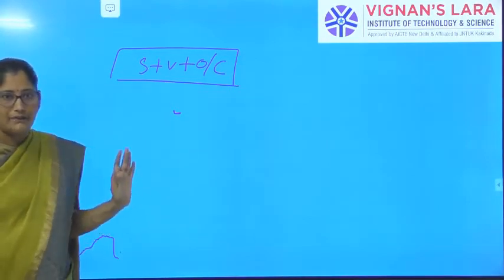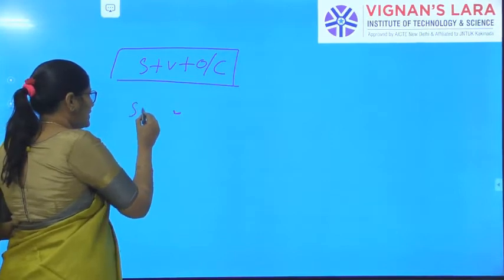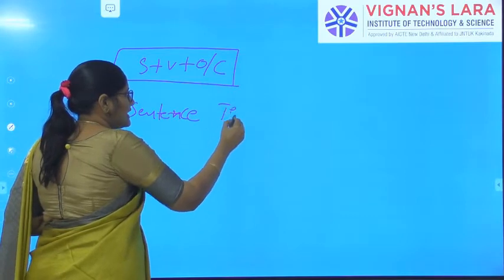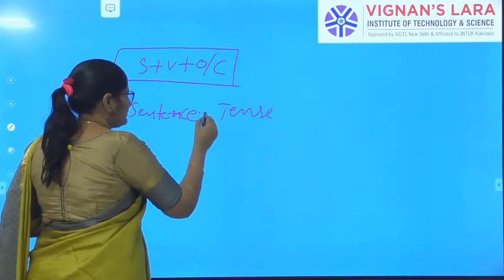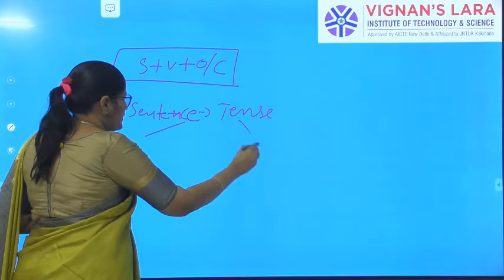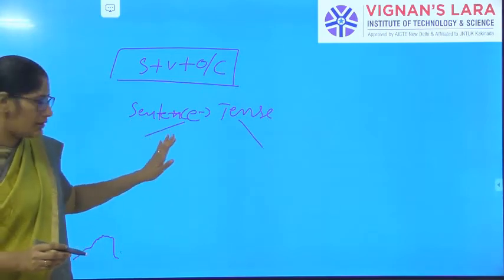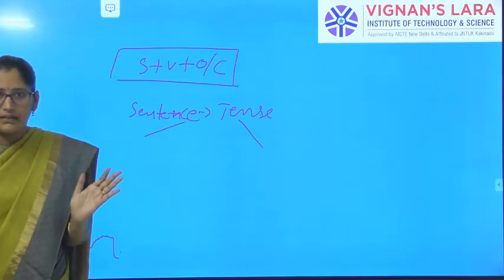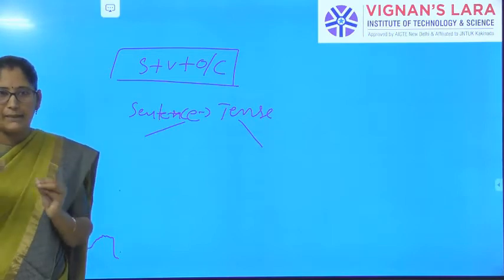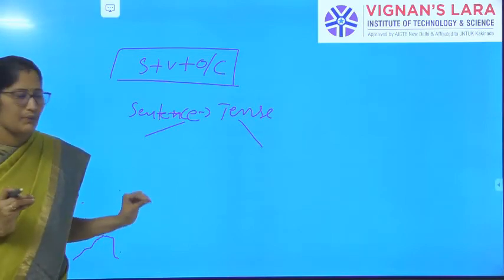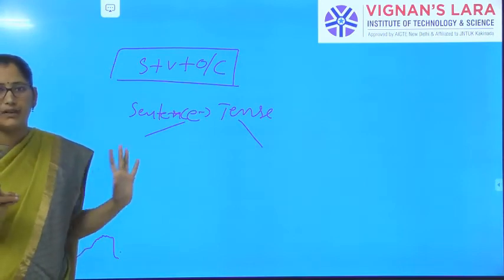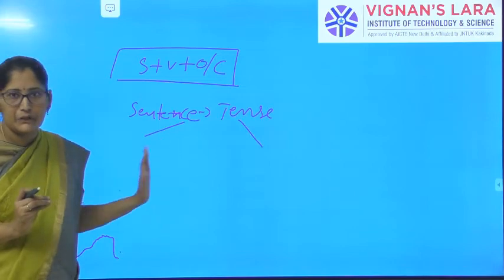This is not tense. There is a close relation between sentence and tense. People will confuse them. What is a sentence? A sentence needs an order, a base. For example, you want to do something, you need some requirement. Likewise, to make sentences, what is the major criterion?